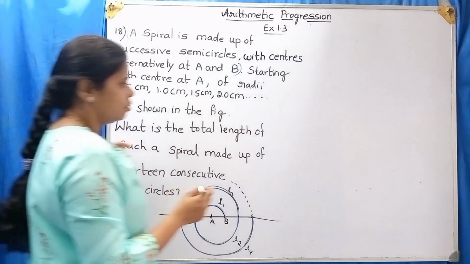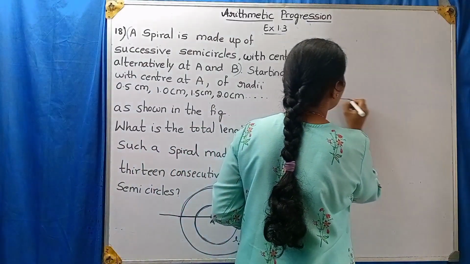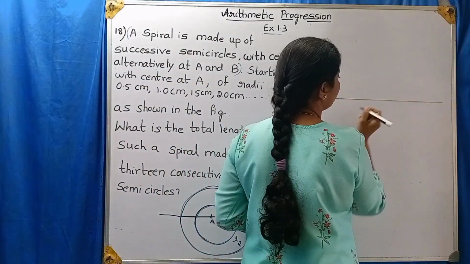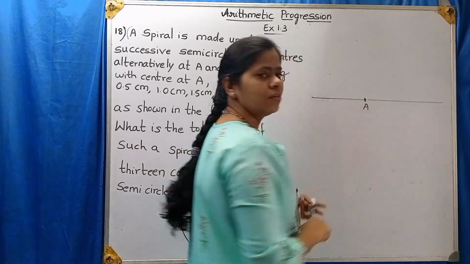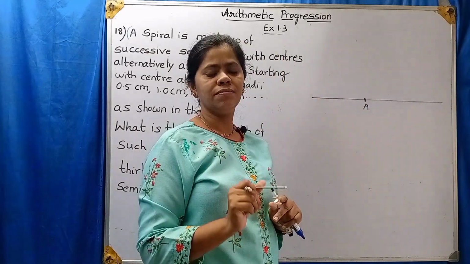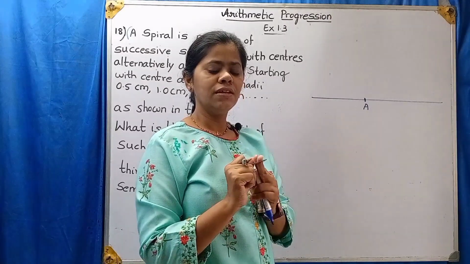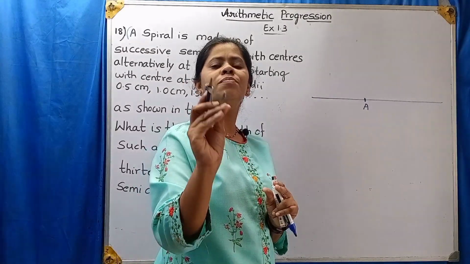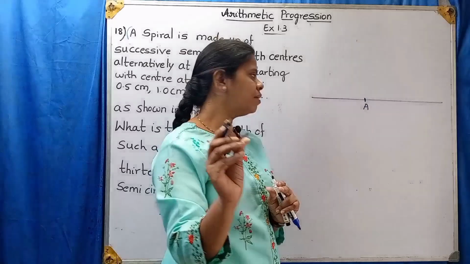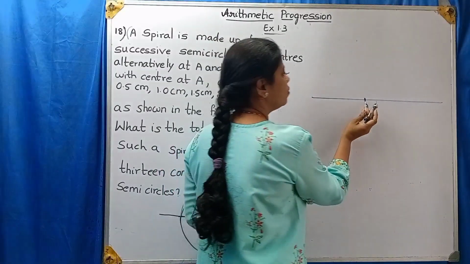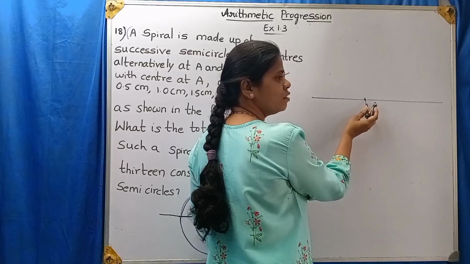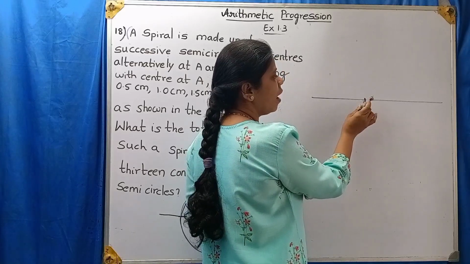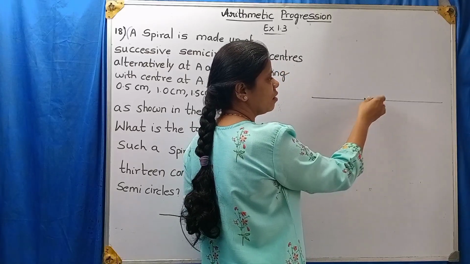See here, let me draw a line. Let me mark this point as A. Now, take your compass. Imagine it measures 0.5 centimeter. Now, I am keeping my compass at this point and it measures 0.5.